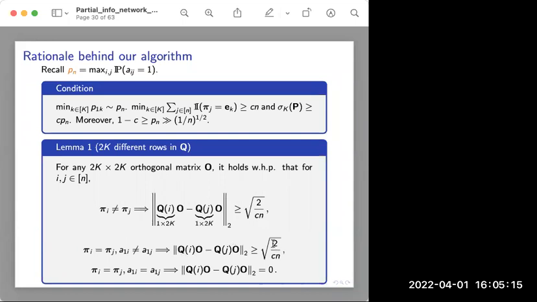So there's enough separation between these two cases. And finally, only if you have the same community label, and you are both a neighbor of 1, or neither of you is a neighbor of 1, then the corresponding rows in Q agree. So overall, there are 2k types of rows in Q.